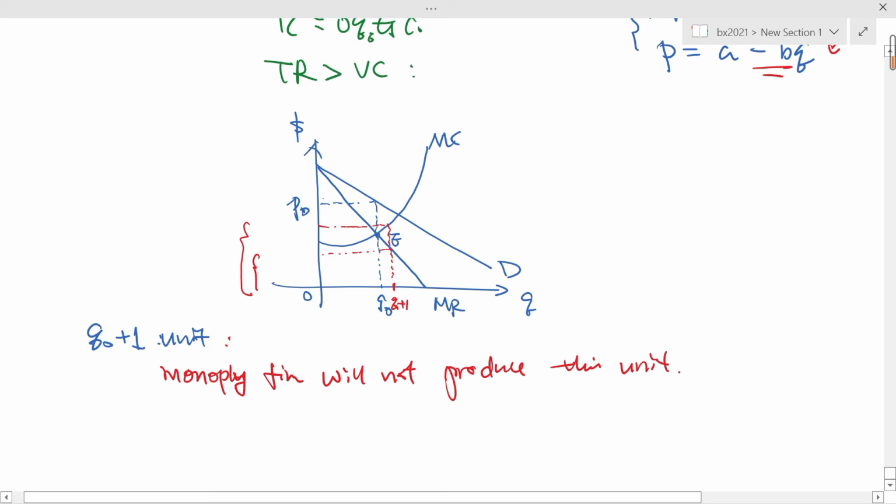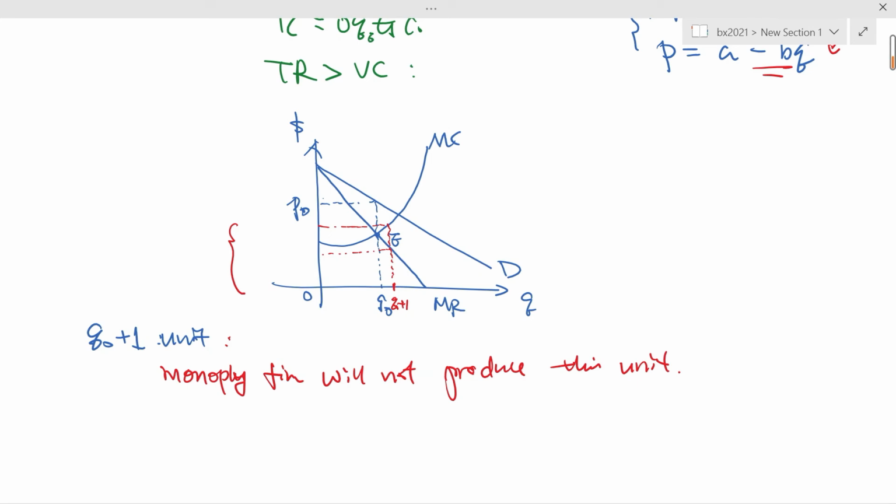Okay, let's stand at society's point of view. For this unit, will it be good for society or not? The extra cost to society is the same: go from quantity up to the marginal cost, because there are no externalities on the production side. How does society value this QO plus 1 unit?